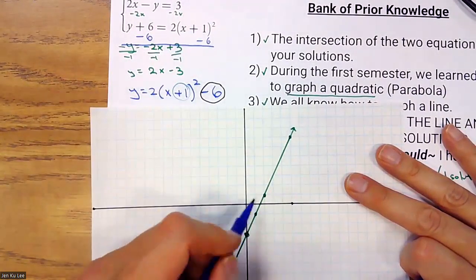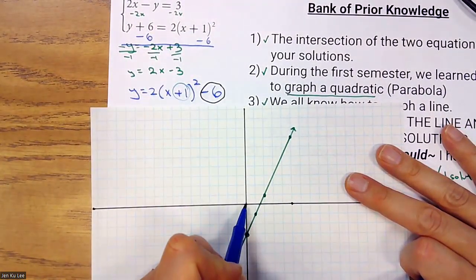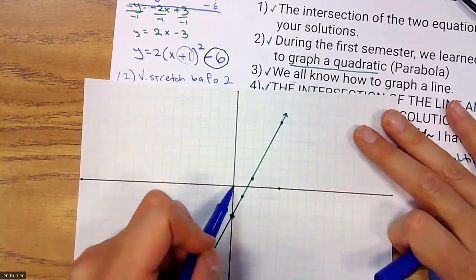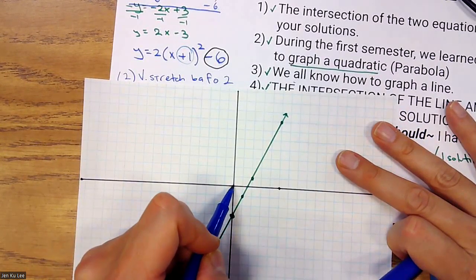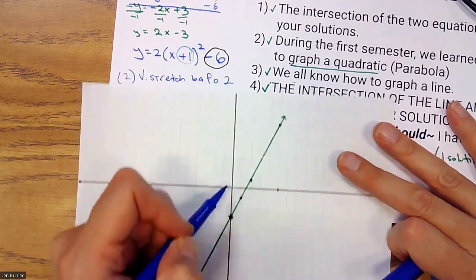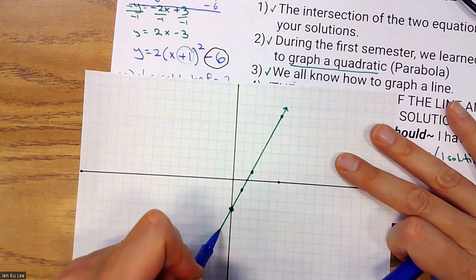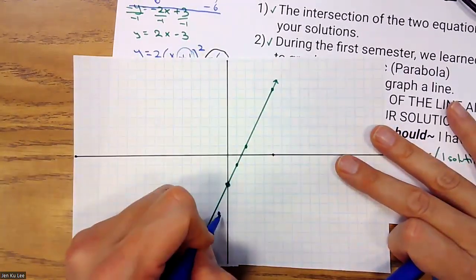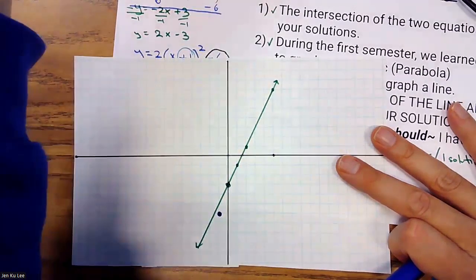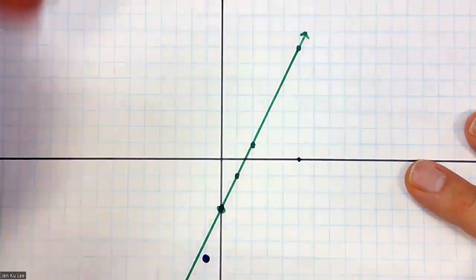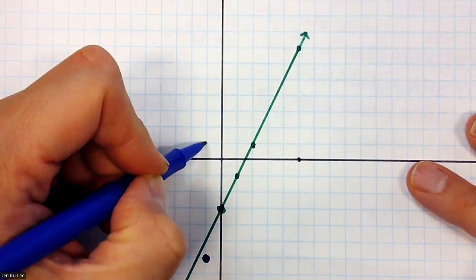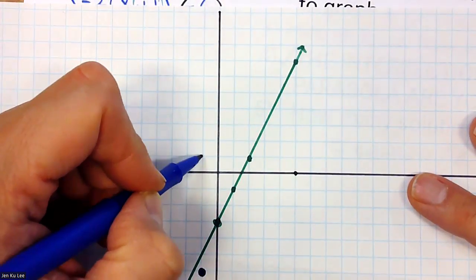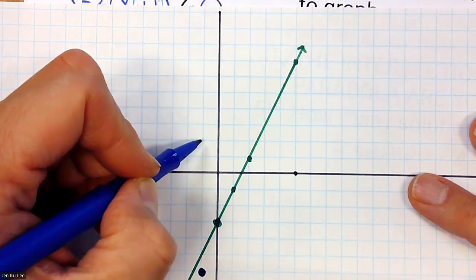So I'm going to go point by point. Okay, 0 times 2 because it's a vertical stretch, that's still 0. 1 to the left, 6 units down: 1, 2, 3, 4, 5, 6. Right there, that's my new vertex, negative 1, comma, negative 6. Okay. And my other point was (1, 1). If it's a vertical stretch by a factor of 2, it's going to be (1, 2), right?